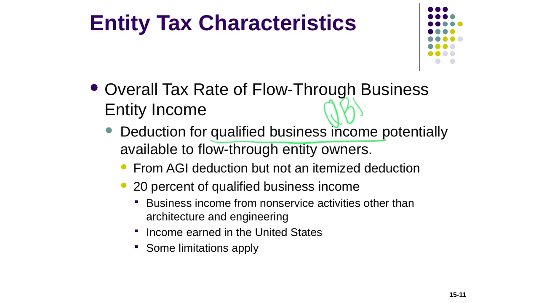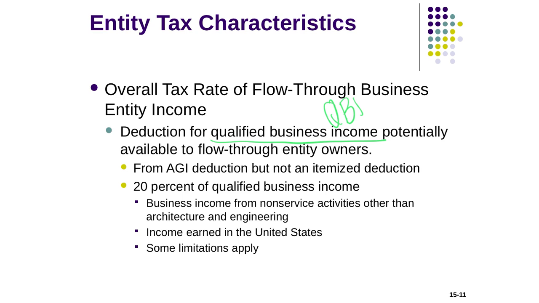So what the QBI is and how it came to be: whenever the corporate tax rates dropped down to 21%, where they're at now, there was a disadvantage for people that owned business entities that were not a C corporation.